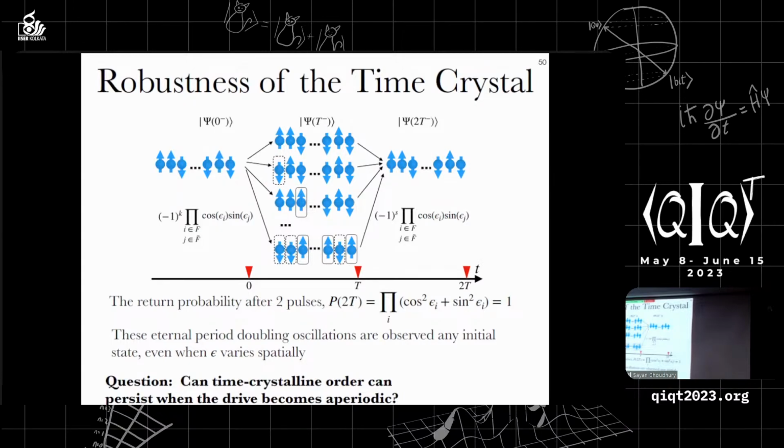In that case, as long as your alpha is less than 1, this kind of mean field behavior actually stays, so you are going to get these kinds of oscillations.